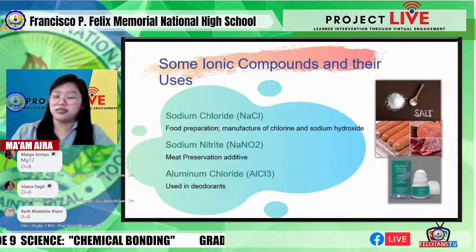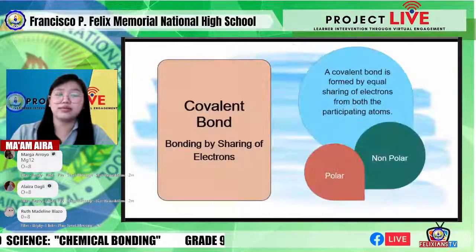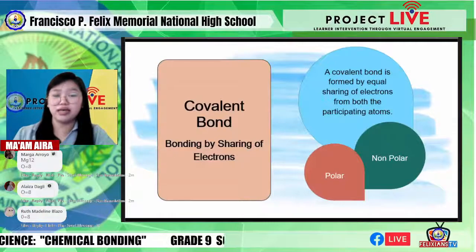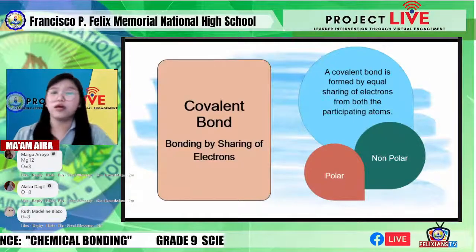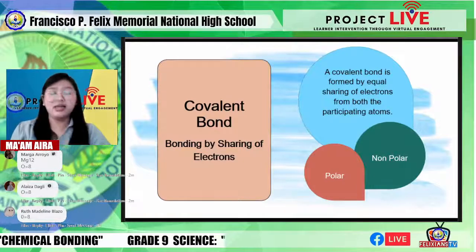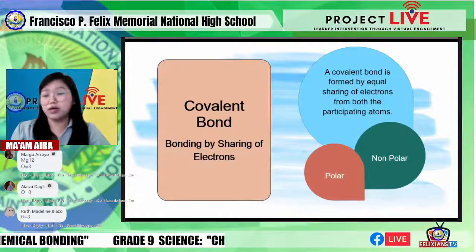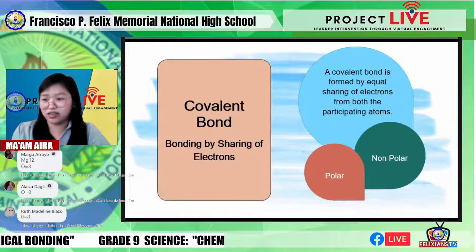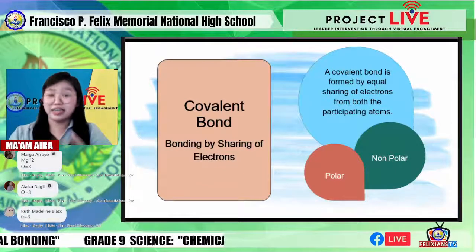Okay? So let's proceed to the next type of bonding, which is the covalent bond. Covalent bond, instead of transferring electrons, elements that undergo covalent bonding share. Okay? They are sharing electrons.